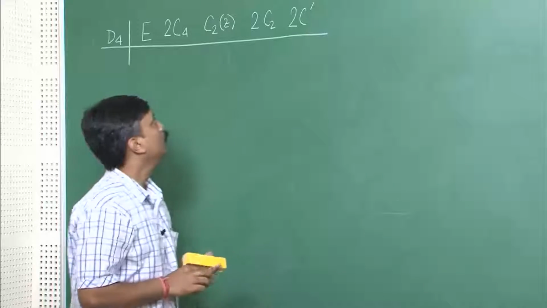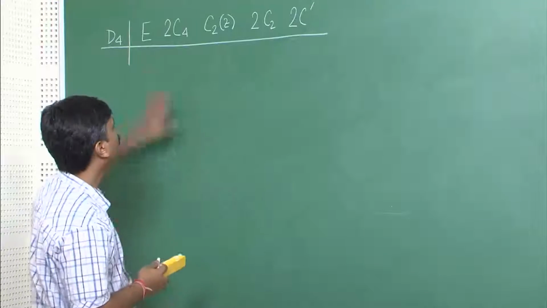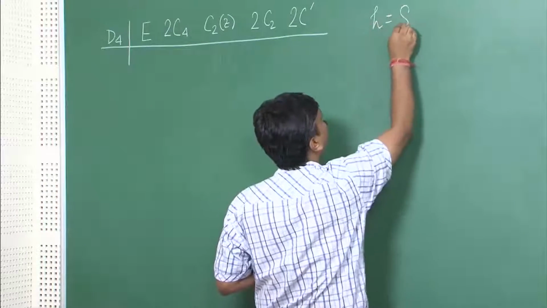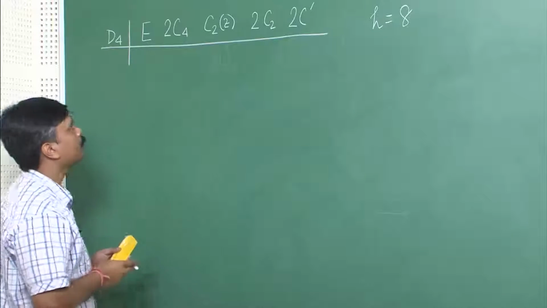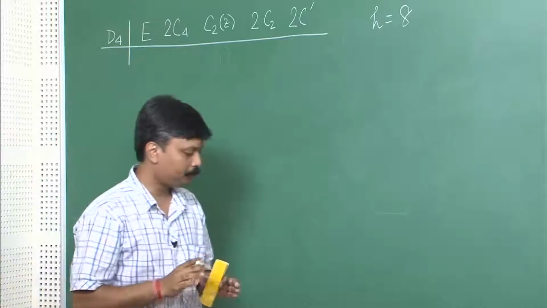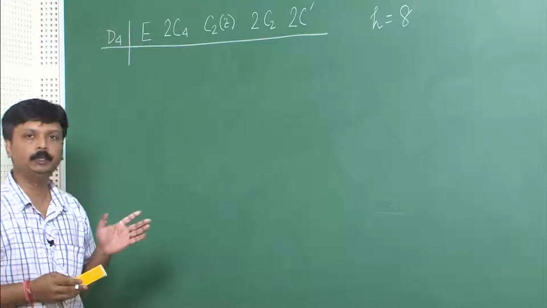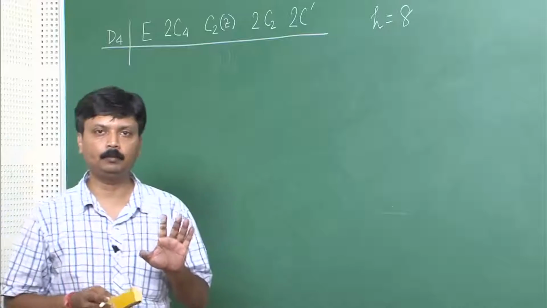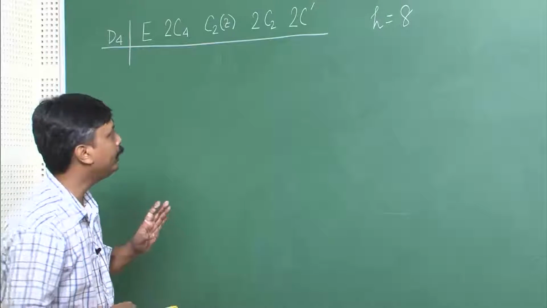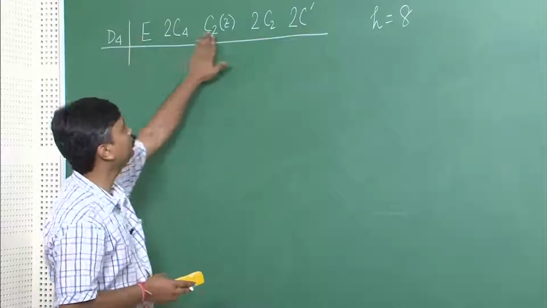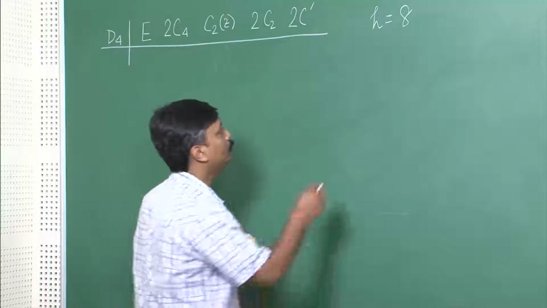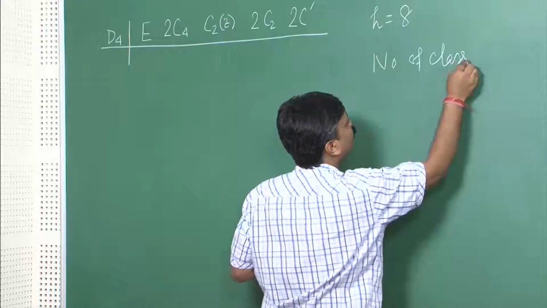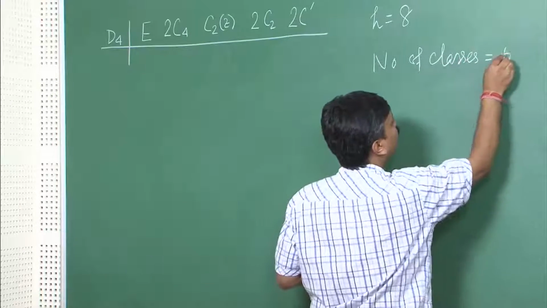So, what is the order of the group here? We have the order of the group as h equals 8, right? Now, how many irreducible representations can it have? It will be equal to the number of classes, which we get as a consequence of the great orthogonality theorem. So we have 1, 2, 3, 4, 5 classes. So the number of classes equals 5.